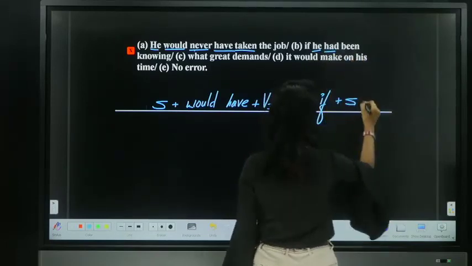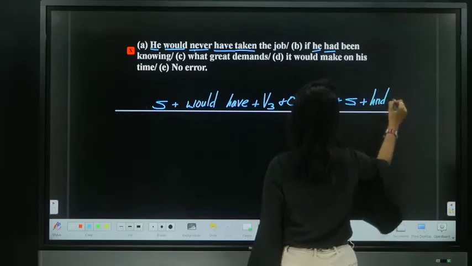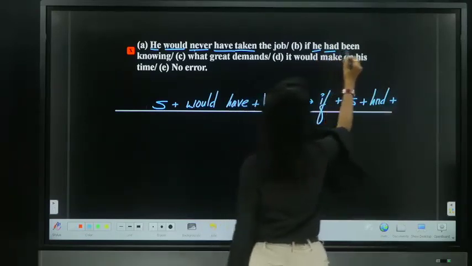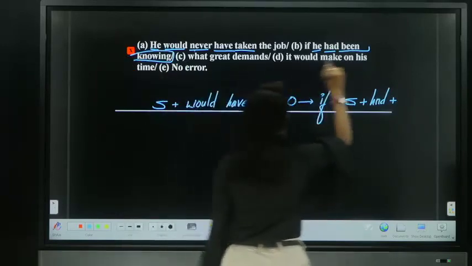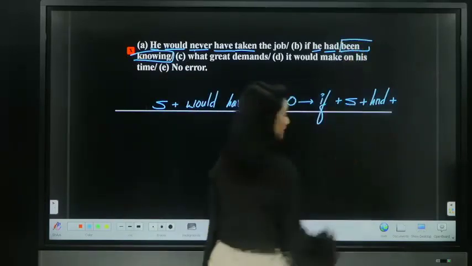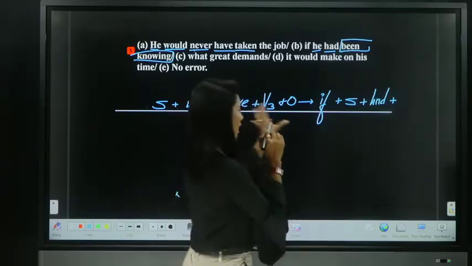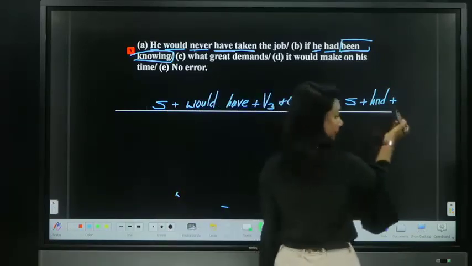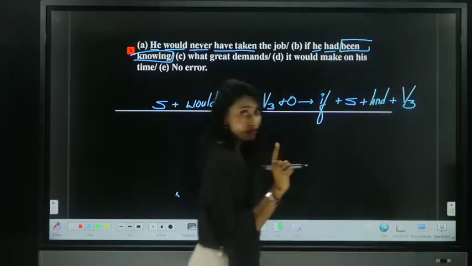He had plus been knowing. He had been knowing. So there are two ways you can correct this one. We know that subject plus would have plus V3 is followed by past perfect, that is had plus V3. So that is one way of correction.